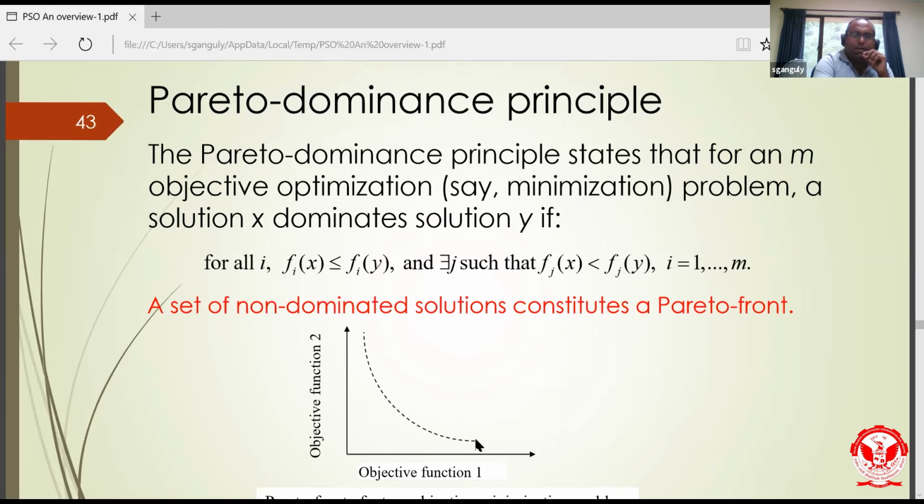For example, this extreme solution is the best in terms of objective function 2, because our goal is to minimize both objectives, and it has the least value of objective function 2 but the highest value of objective function 1. Similarly, this other extreme solution has the least value of objective function 1 but the highest value of objective function 2. All other solutions have a relative degree of objective function 1 and objective function 2.